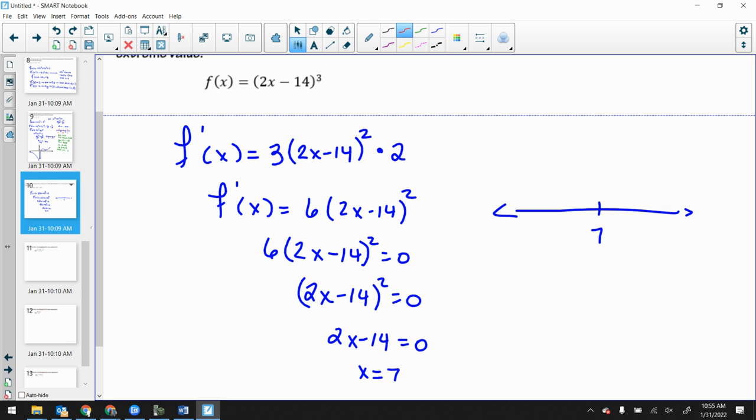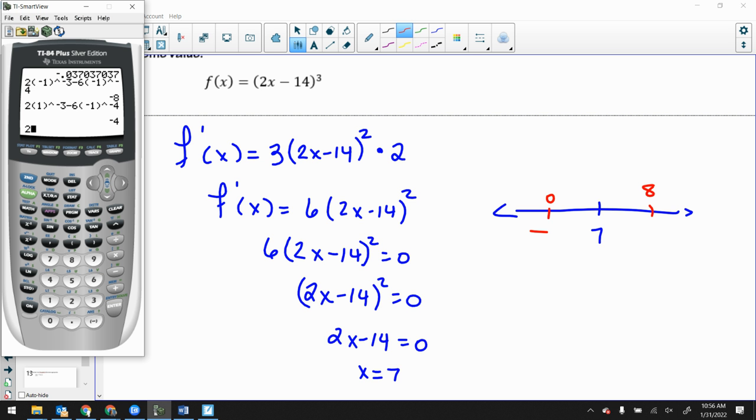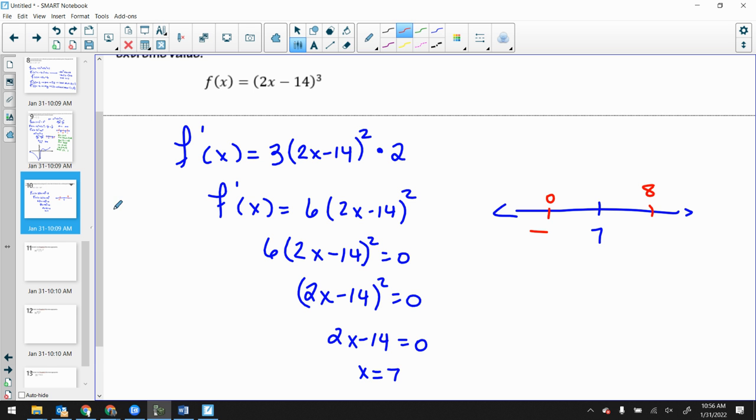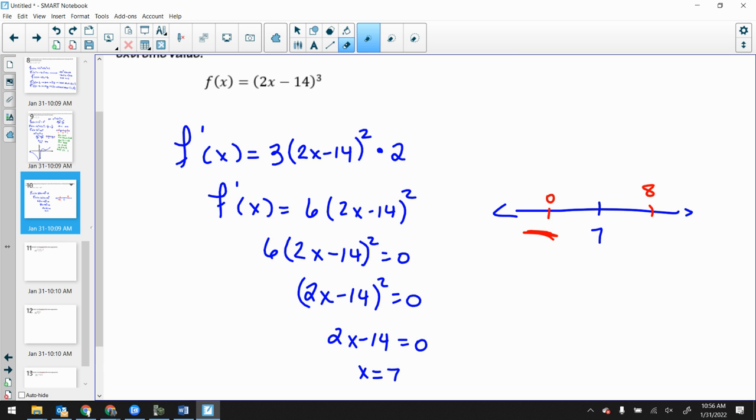Okay, so on the left side of 7, maybe 0. If I plug in 0, I get negative 14 to the 3rd power, which is negative. If I plug in 8, let's see what happens with 8. Oh, I'm sorry. I accidentally went back into the original, not the derivative.